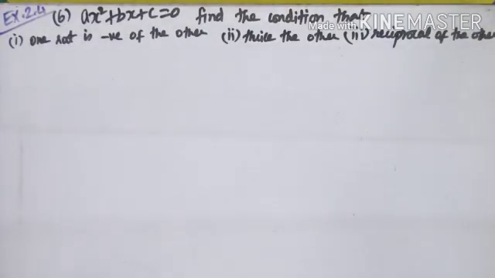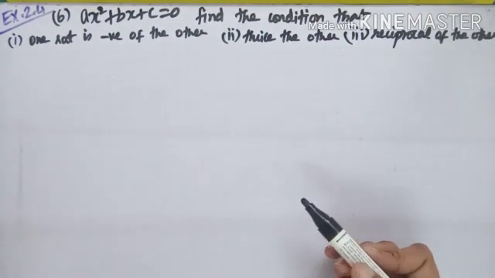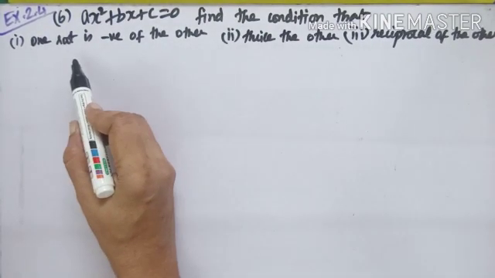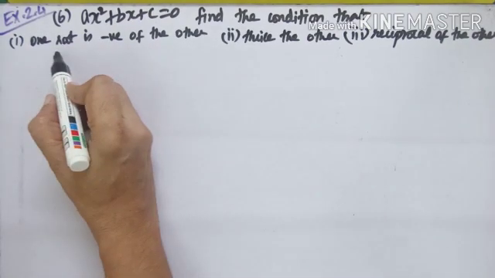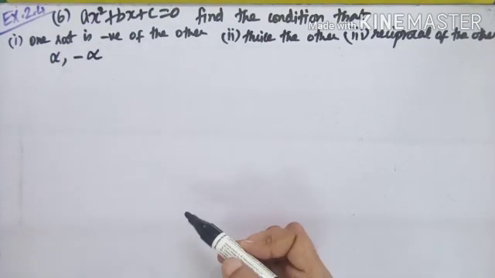Question number 6. Given an equation ax square plus bx plus c equals 0. We just need to derive some conditions. First question says, one root is negative of the other. So one root is alpha, means the other root will be minus alpha.